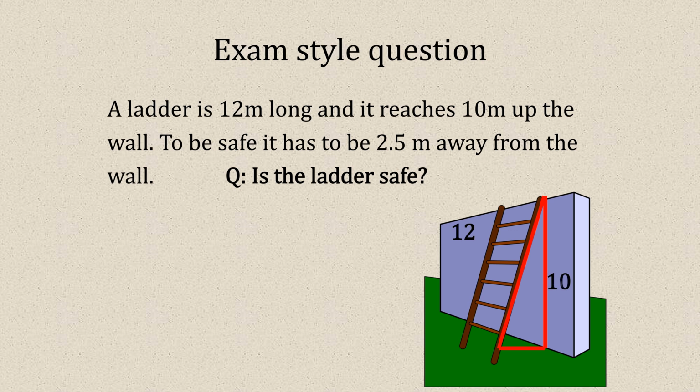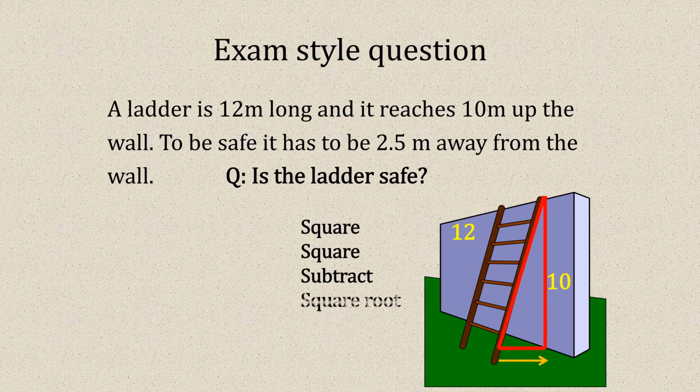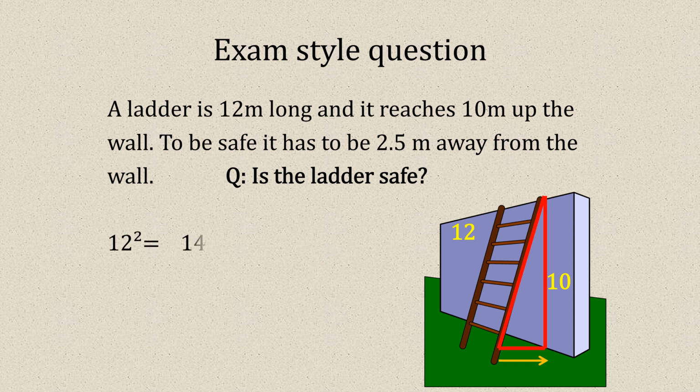So we've drawn in our triangle here, our right angled triangle, this measurement being 12, this measurement being 10. And looking at that, because that's the longest side, we now know the formula we need for this one is square, square, subtract, square root. So a square of 12 gives us 144.